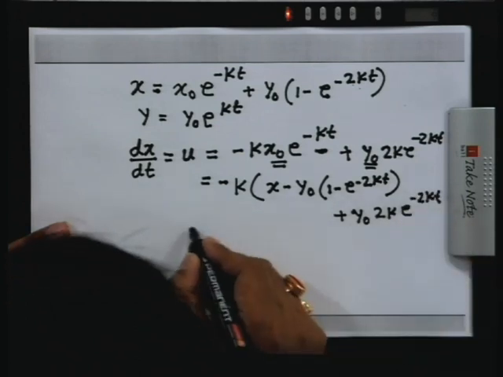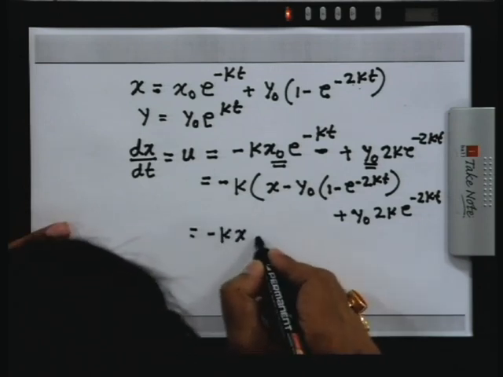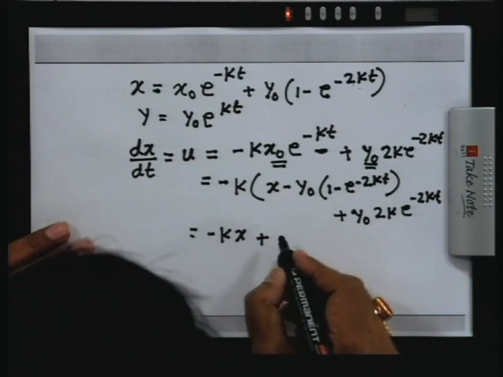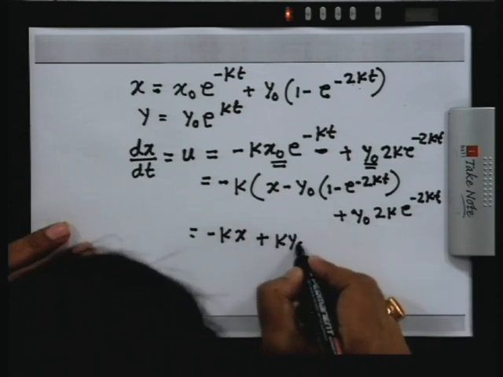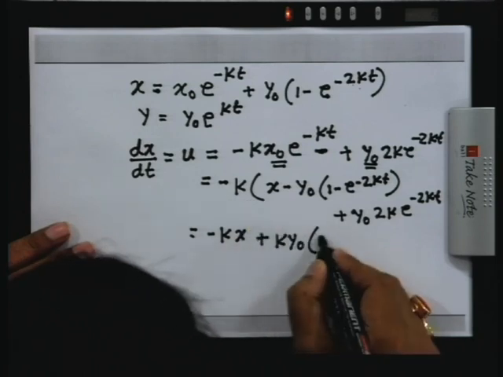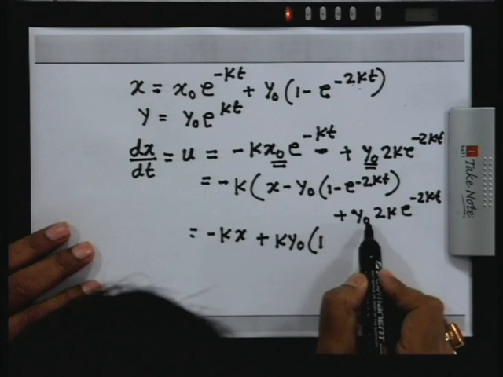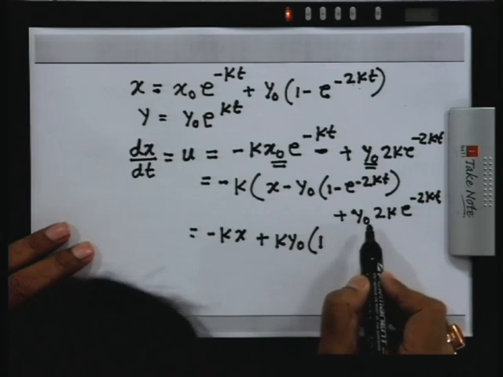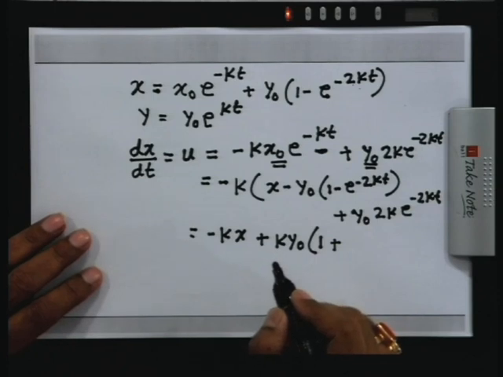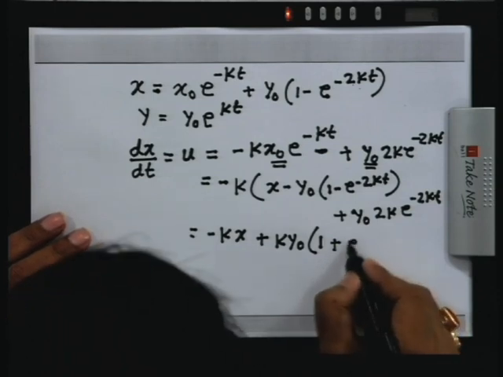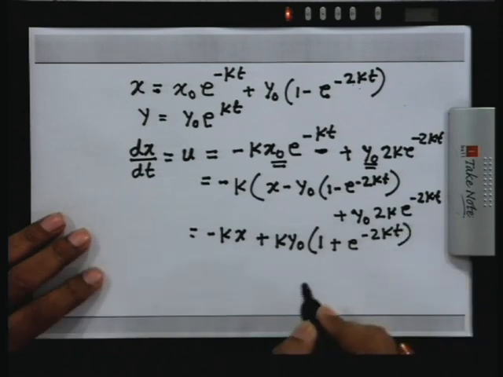And if you do that, you will see minus kx plus ky0, here also ky0, minus minus plus 1, and here plus 1, minus and 1 plus, that means it will be 1 plus y0 into 1 plus e to the power minus 2kt. Is it okay? It is okay.